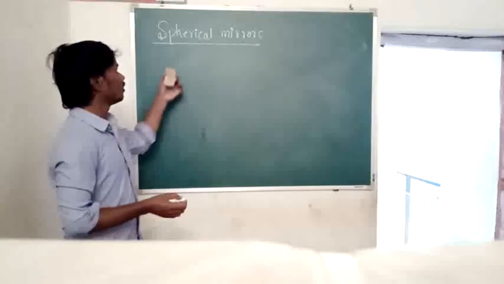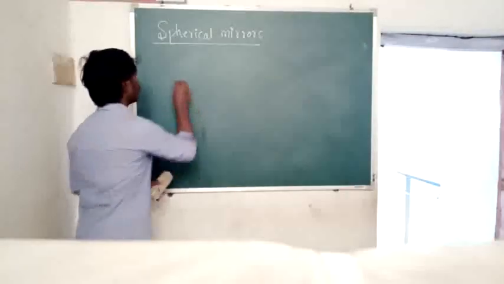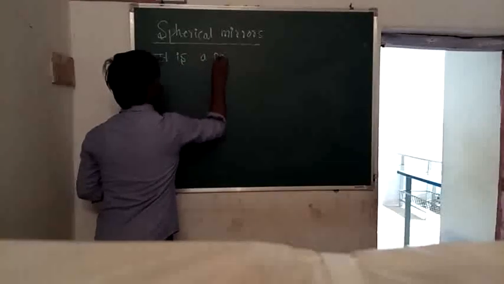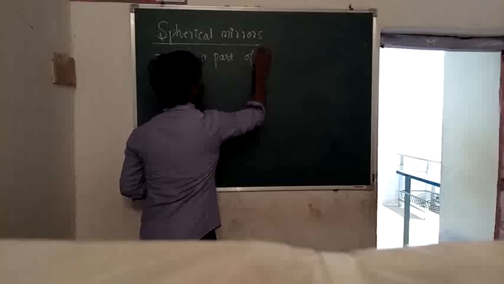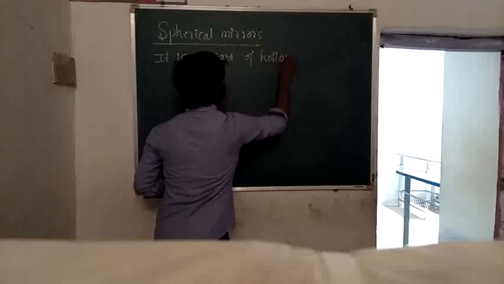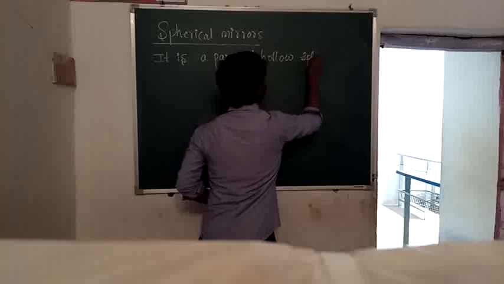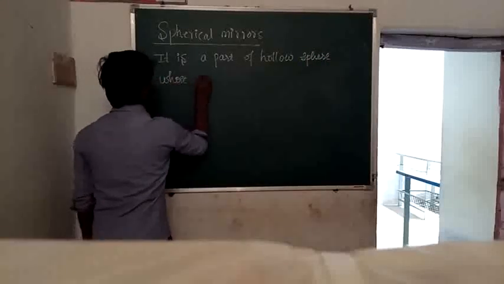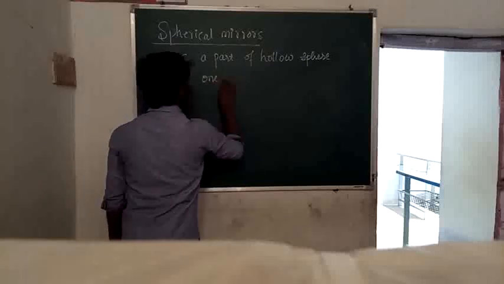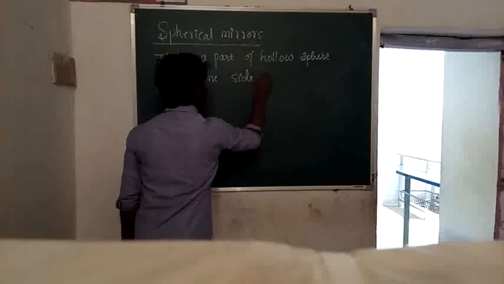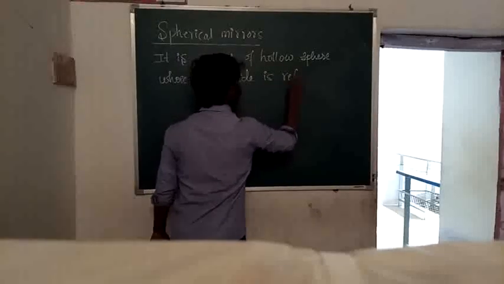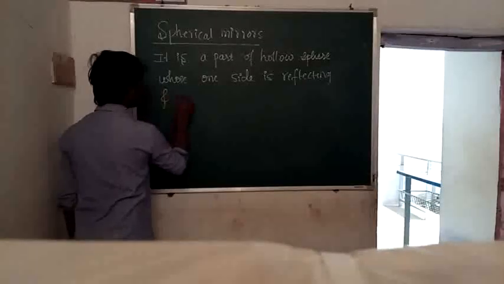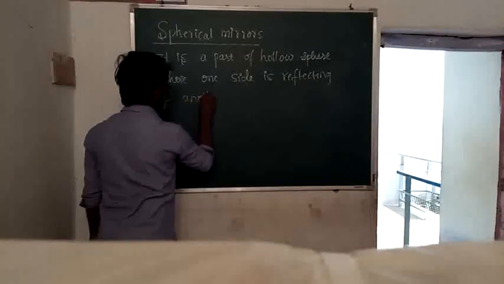So let us define spherical mirror. What do you mean by spherical mirror? It is a part of a hollow sphere whose one side is reflecting and another side is opaque.